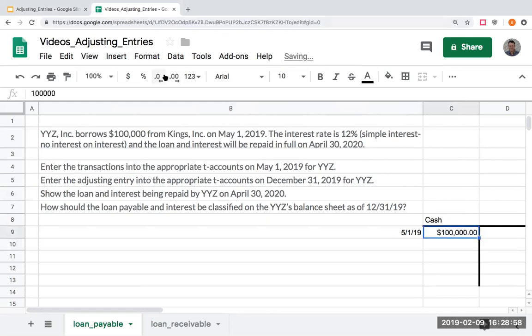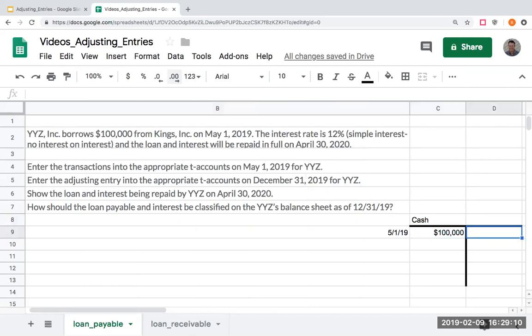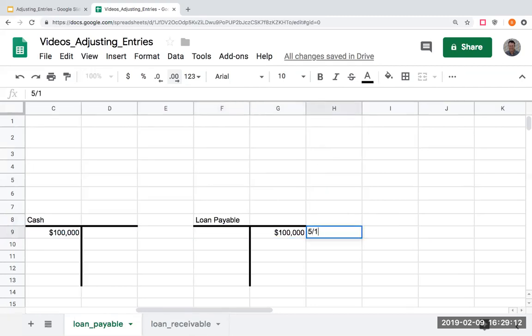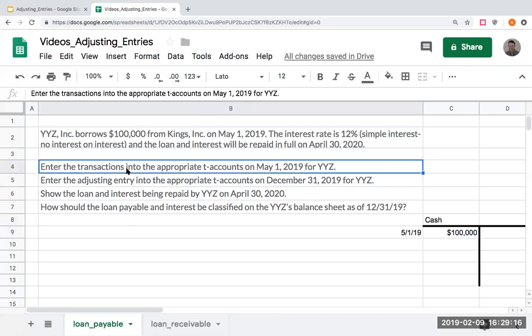And then for every debit, I need a credit, and that credit is going to be for a loan payable. That loan payable is going to be right here for 100,000, and this is also going to be on 5/1/19. So that's the transactions into the appropriate T accounts on May 1st. So that's our first transaction. If this doesn't make sense, go back and watch the earlier videos.